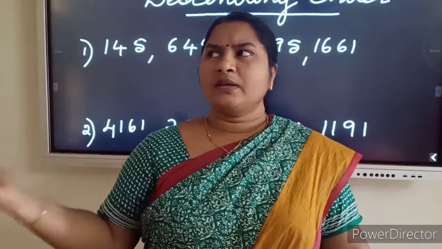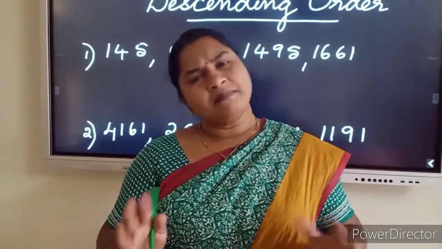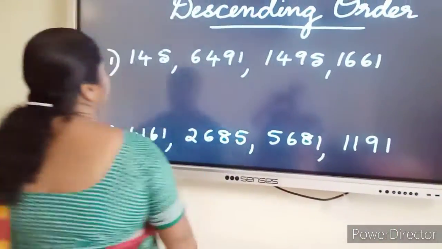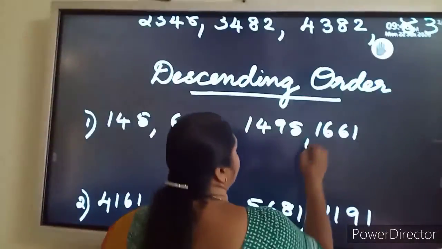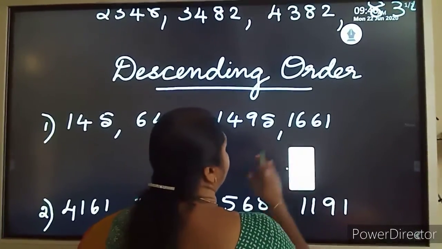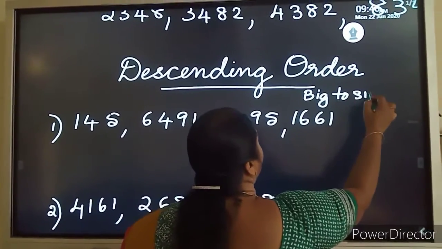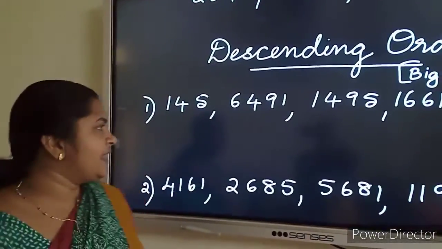So now without explanation itself, I think you are able to do that, but we are going to explain one thing. Descending order. So now here I write big to small. The same rule we can have.